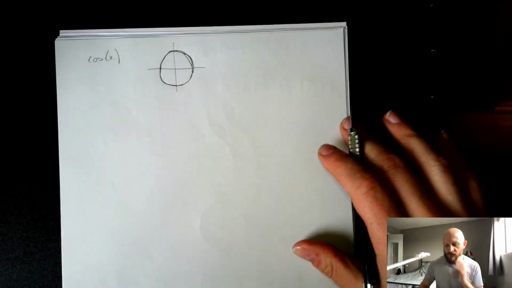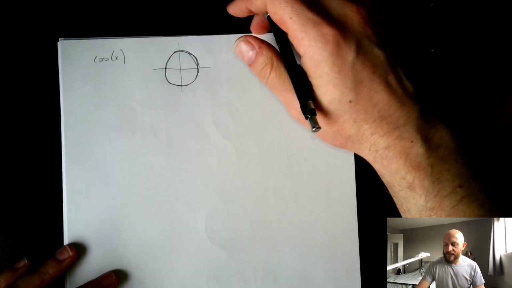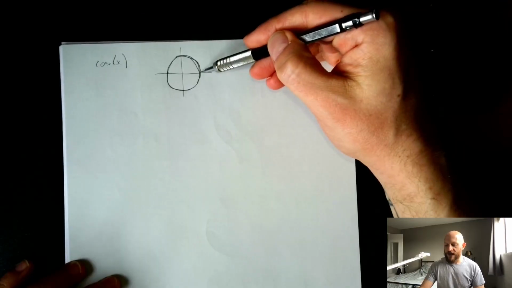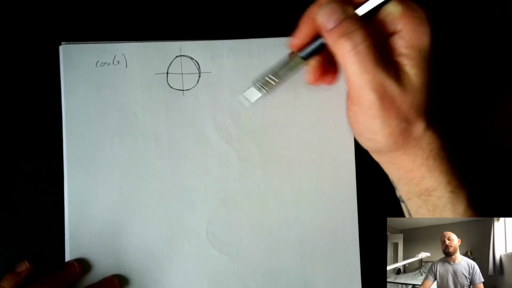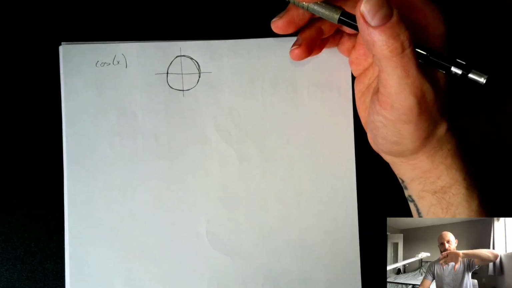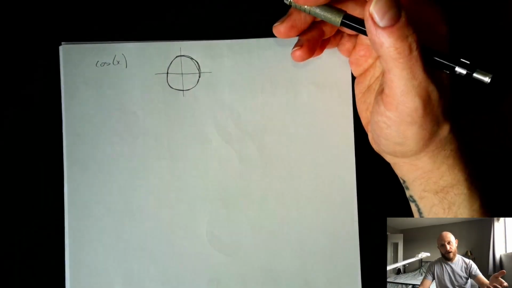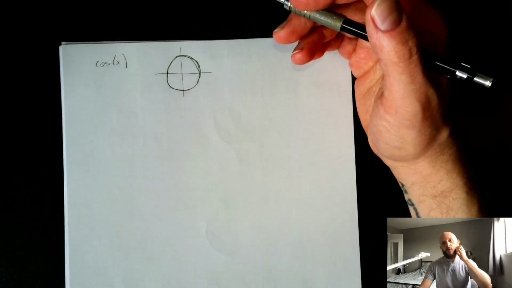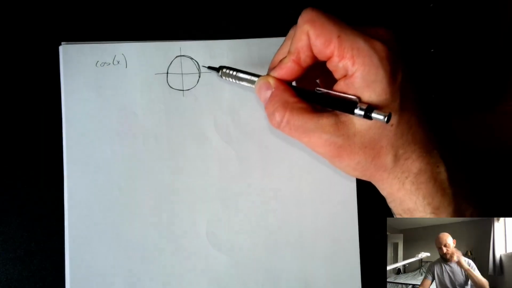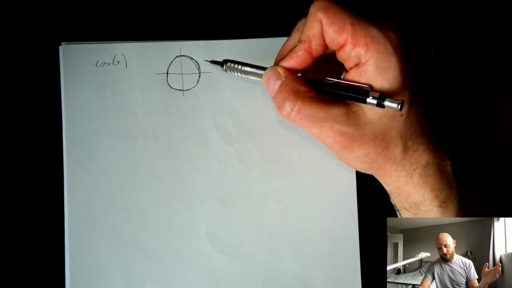If you think about it in terms of the unit circle, we want to capture an arc of the unit circle that outputs every single possible output. The range of cosine is -1 to +1. We want to find an arc of the unit circle that grabs every output for cosine from -1 to +1.